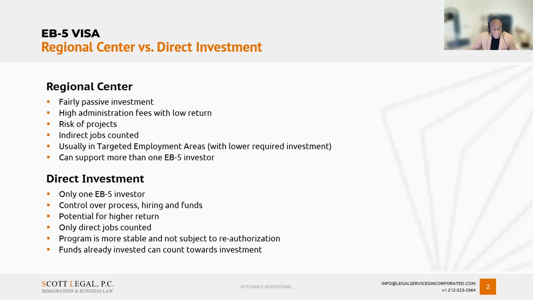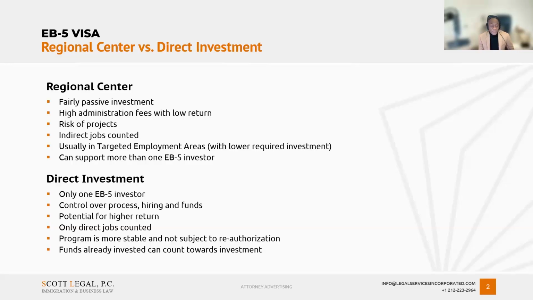An example of that might be where the Hilton hotel chain wants to build a new hotel and they use the EB-5 program to raise capital. And then the individual investors are each investing an amount in that particular program to obtain the green card. So in that instance, there is a regional center who facilitates all of that.